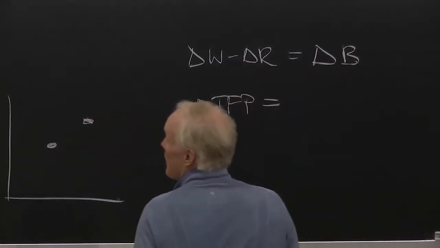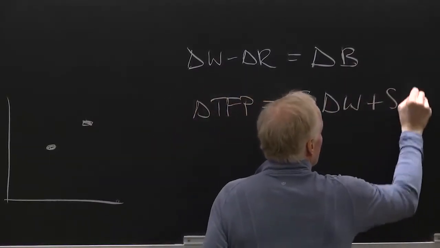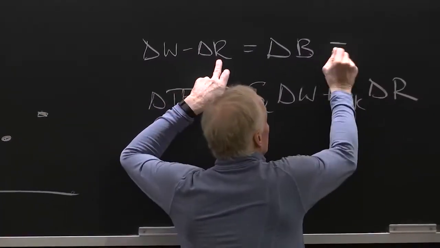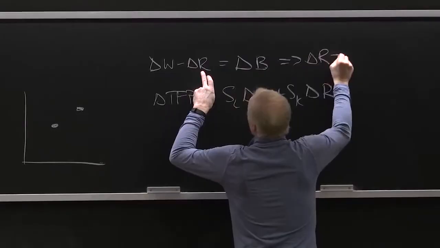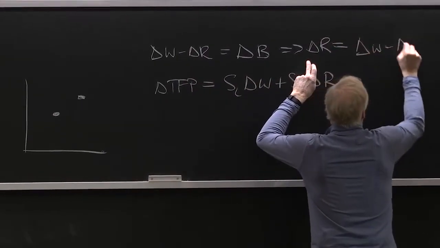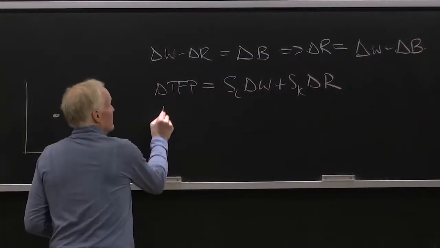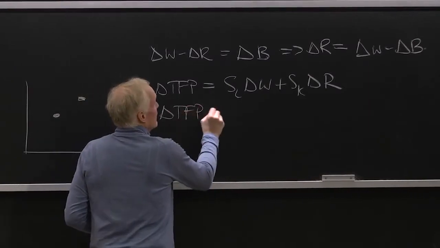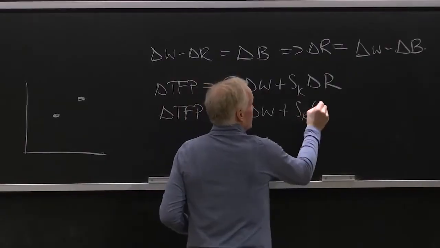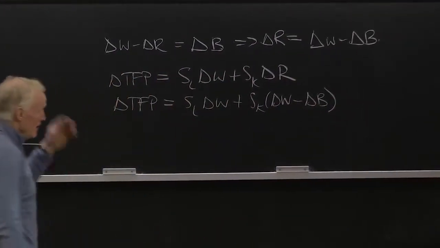equals SL delta W plus SK delta R. Well, this would imply delta R equals delta W minus delta B. Okay? So then delta TFB would be equal to SL delta W plus SK delta W minus delta B. Okay?